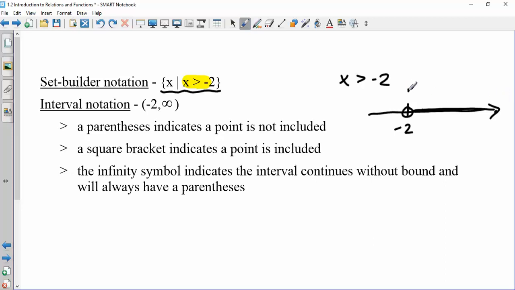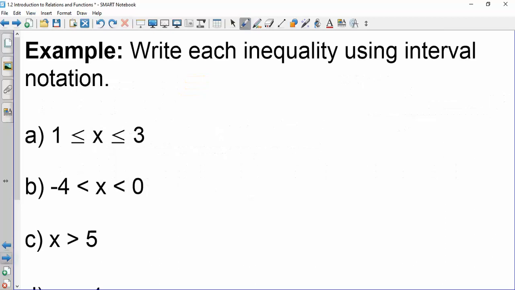We don't use open and closed circles anymore. We use parenthesis or a bracket. So since this is not equal to is a parenthesis, and it keeps going forever. So there's no stopping point, so we end at infinity. Infinity always gets a parenthesis. It's not a specific number, so we can't equal infinity. So it will always have that parenthesis, never the bracket.